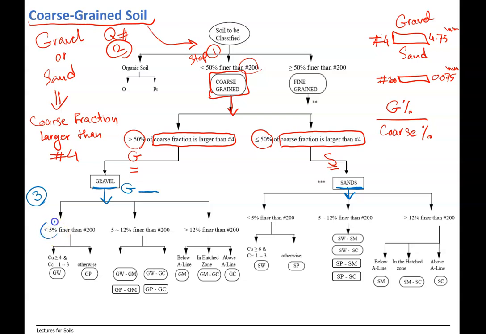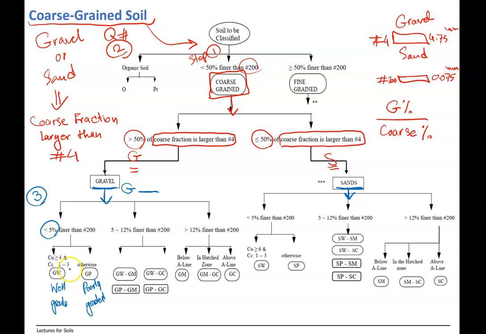If we have less than 5%, then you can say the amount of fine is very low and we can ignore that we have any fines in our soil sample. It's mainly gravel, fines is less than 5%. It's not important, we can ignore it. So now we need to see if it's a well-graded sample or if it's a poorly graded sample.